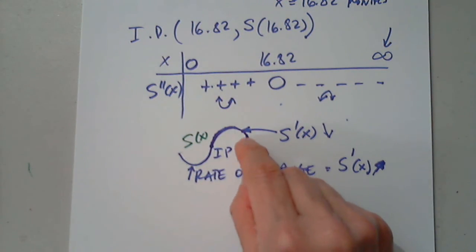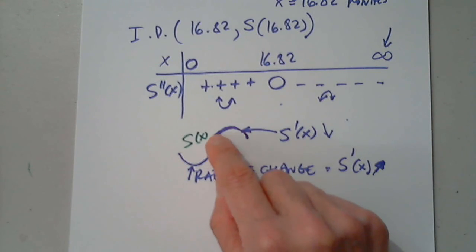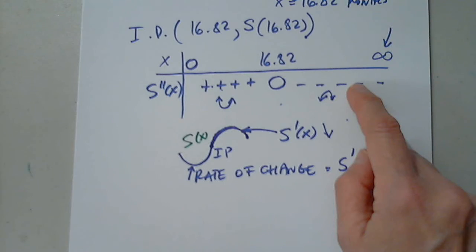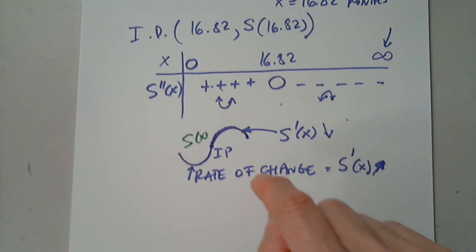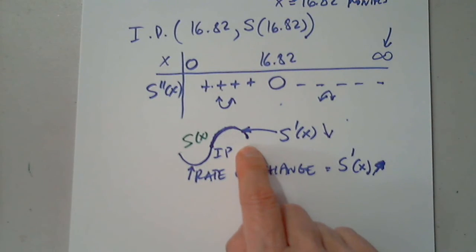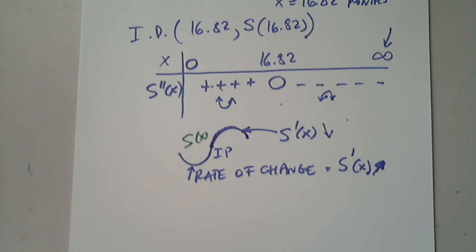When the function is opening down, because the second derivative is negative, the first derivative, the rate of change, is decreasing. So I know I ran out of time. I just wanted to show you what I wanted to look at and continue looking at this.